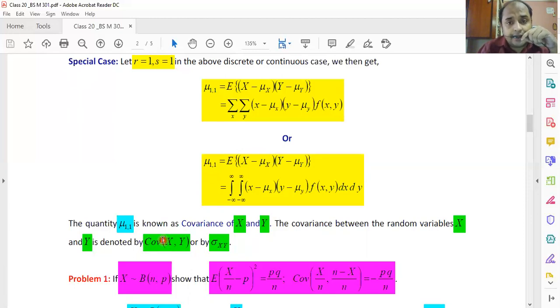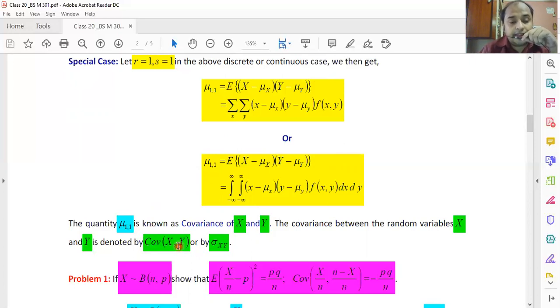I started taking classes directly on the correlation coefficient, where covariance of xy was used. But because I skipped this particular chapter, the concept of covariance of capital X comma Y wasn't clear to that bunch of students.